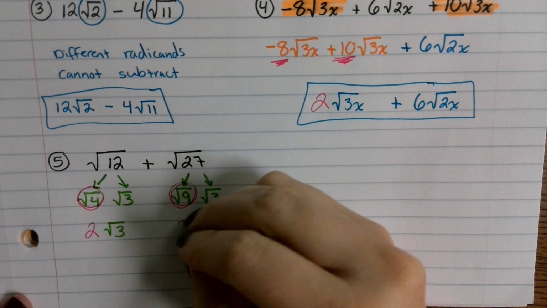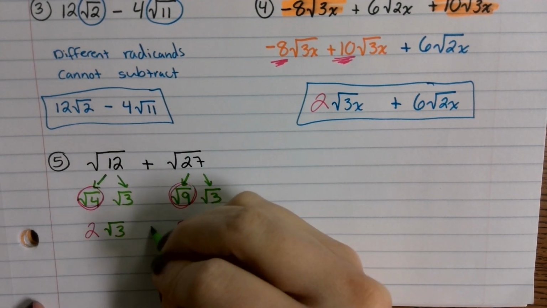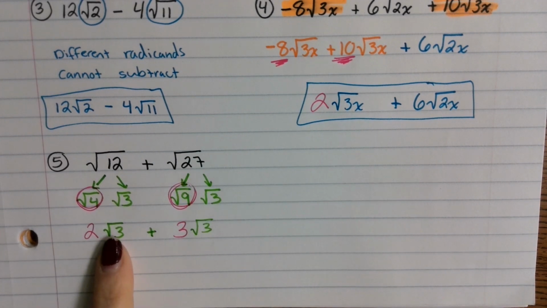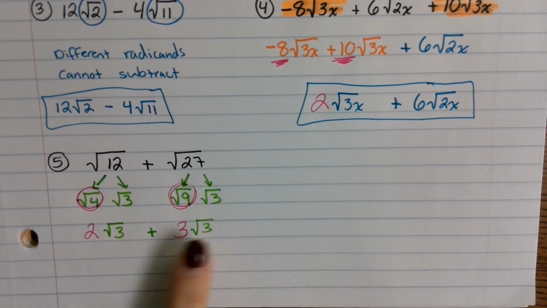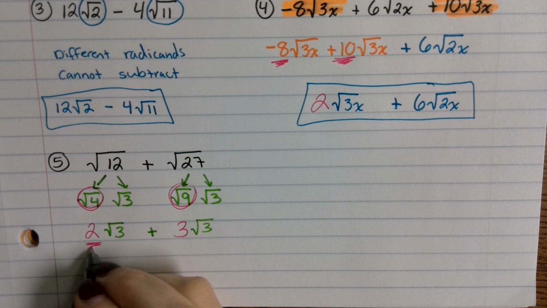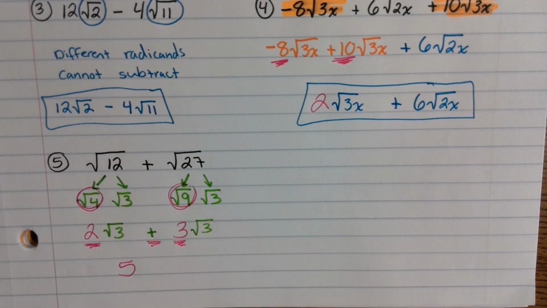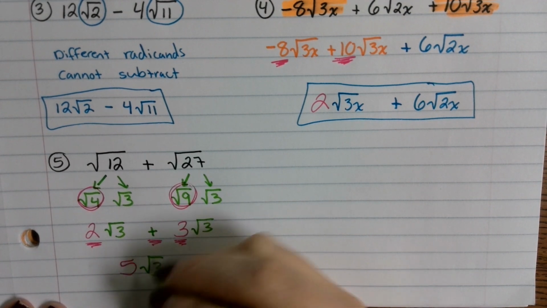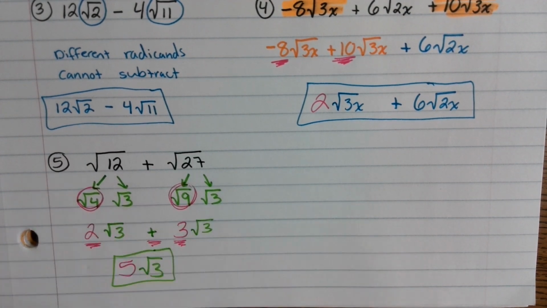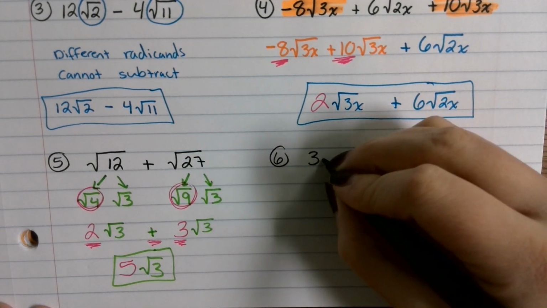That gives us 3 square roots of 3. And then our operation is still addition. Now we do have identical radicands. Therefore, we can combine the 2 plus the 3 to get 5 square roots of 3 for your final answer. Try number 6 on your own.